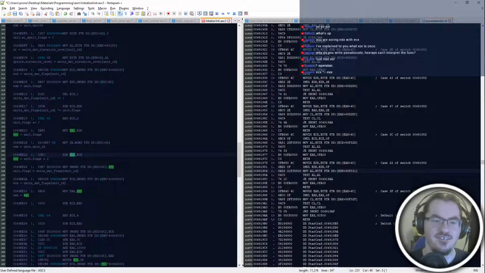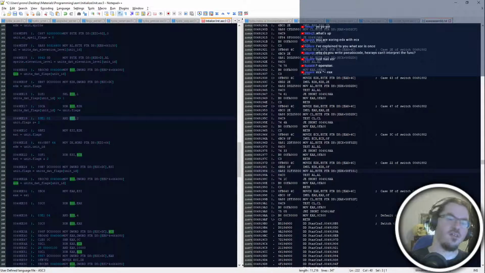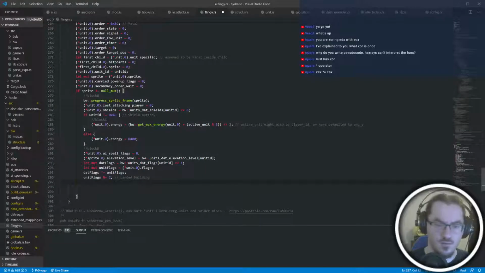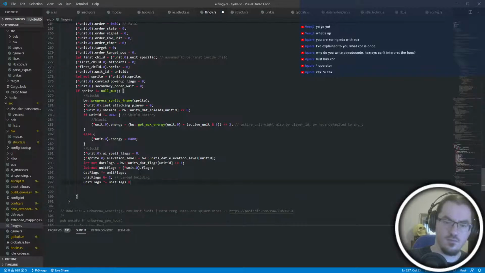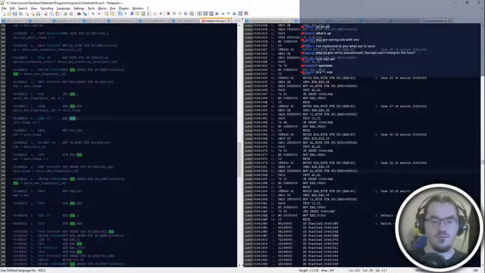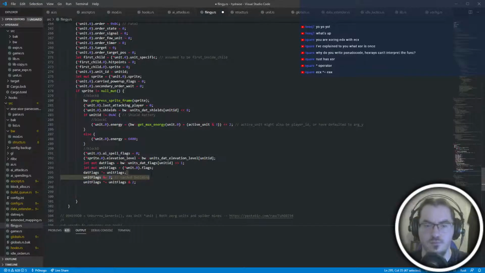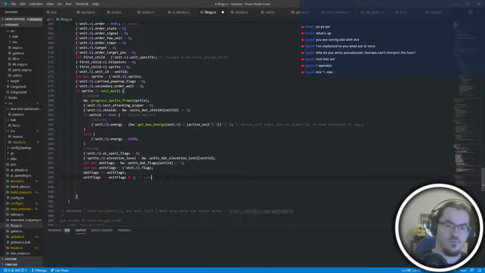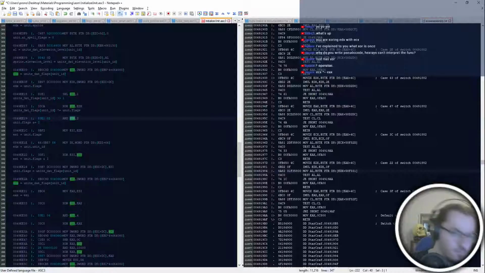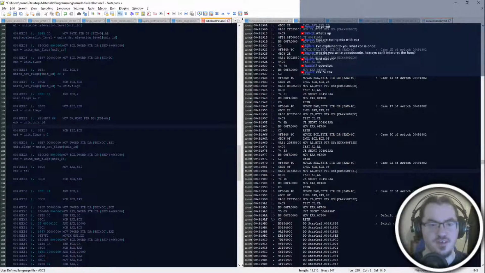Wait, hold on. Yeah, ESI equals unit flags, right? Oh, okay. This is confusing, but I think I'm getting it.